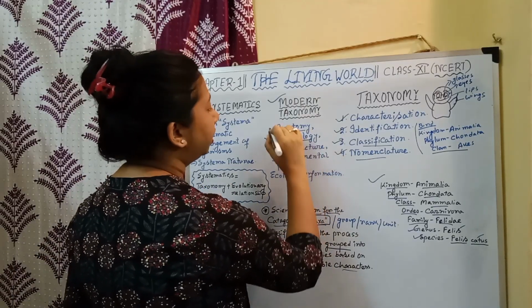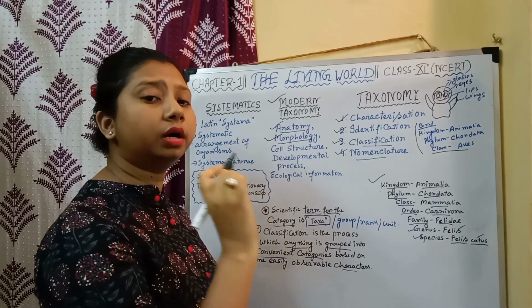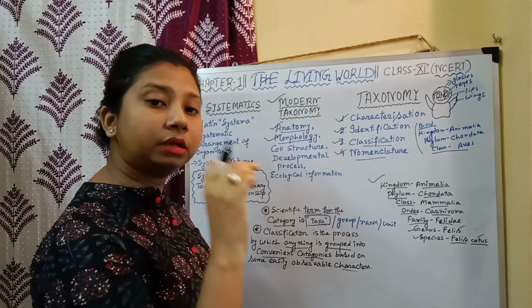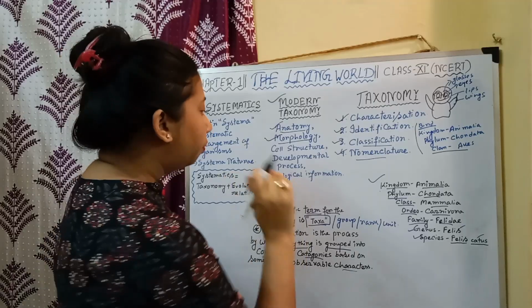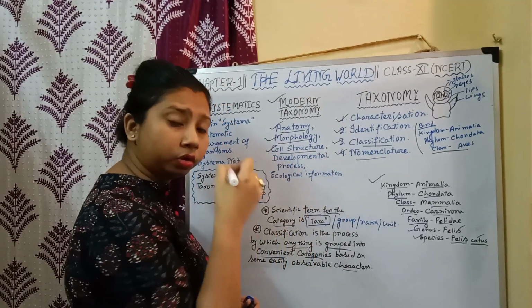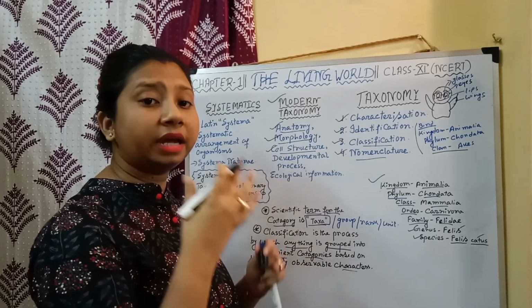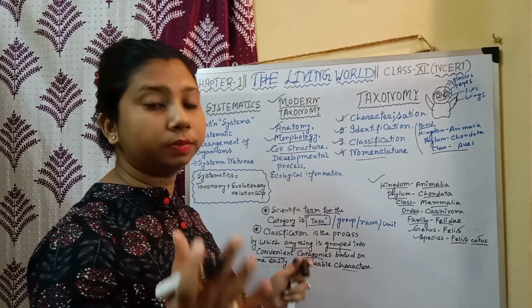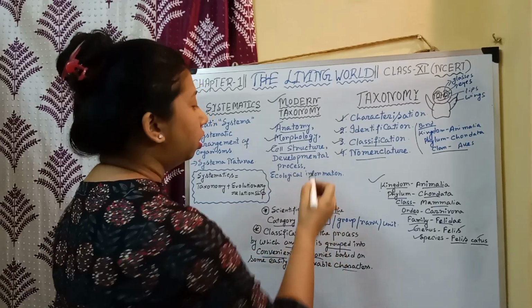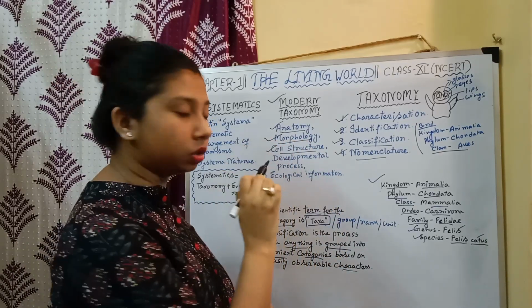Next, anatomy means internal features or internal characters. We have to note down the internal characters of that unknown organism also. With this, we have to consider the cell structure. We know the study of the cell is cytology, so cytology-related information is considered too.